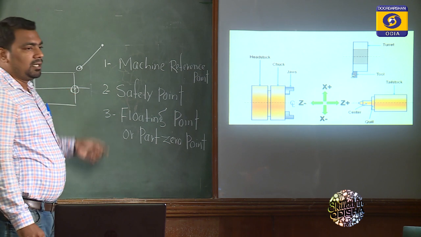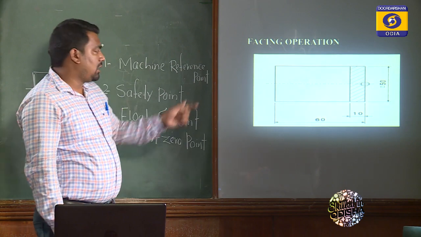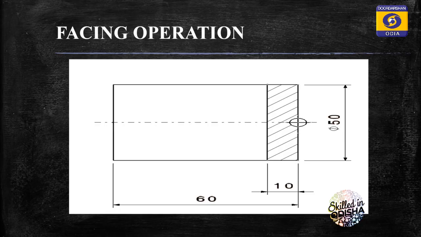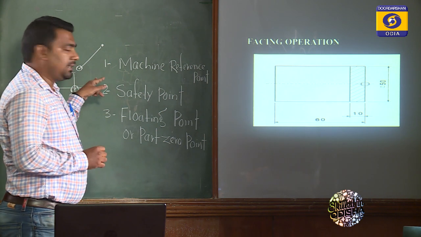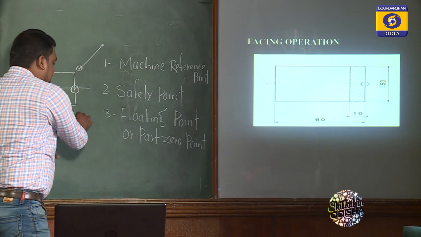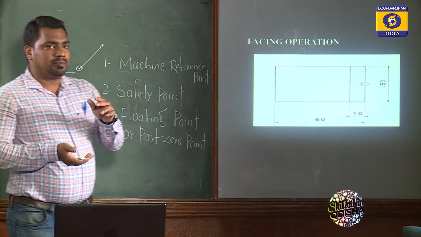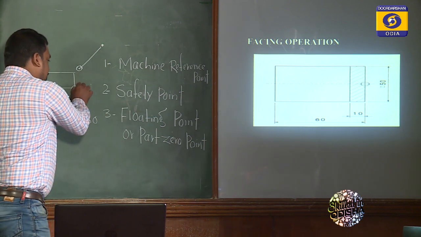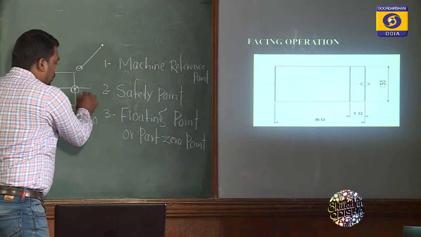How do I define it? Here it is mentioned my dia is 50 mm and length is 60 mm, where I have to do the facing operation up to 10 mm. So in the offsetting process, I have to mention a dia of 50 mm so that it will take the mid of the 50 mm, means this position, and I have to write Z direction as 0.